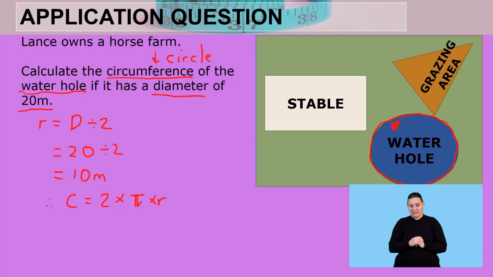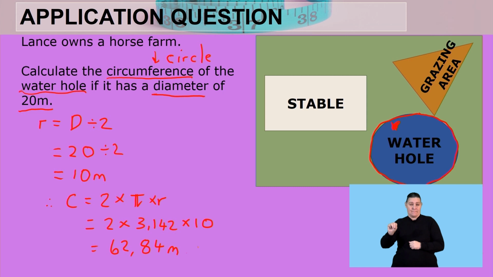So just substitute directly: 2 times 3.142 times 10. My answer here is 62.84 meters. Nice work. We found the circumference of the water hole. All right, let's carry on.